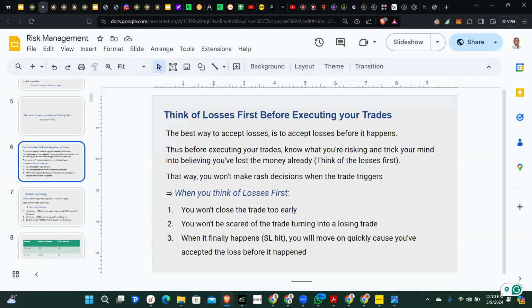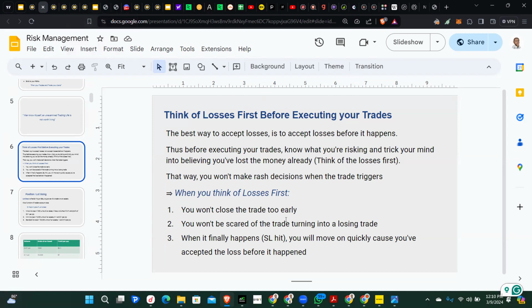So when you do this, it's going to condition your mind. Maybe when the trade is going against you, you won't panic too much because you already know how much you will lose if the trade goes against you. Okay, so that is why stop loss is important. It helps you to know the maximum loss you are going to have.